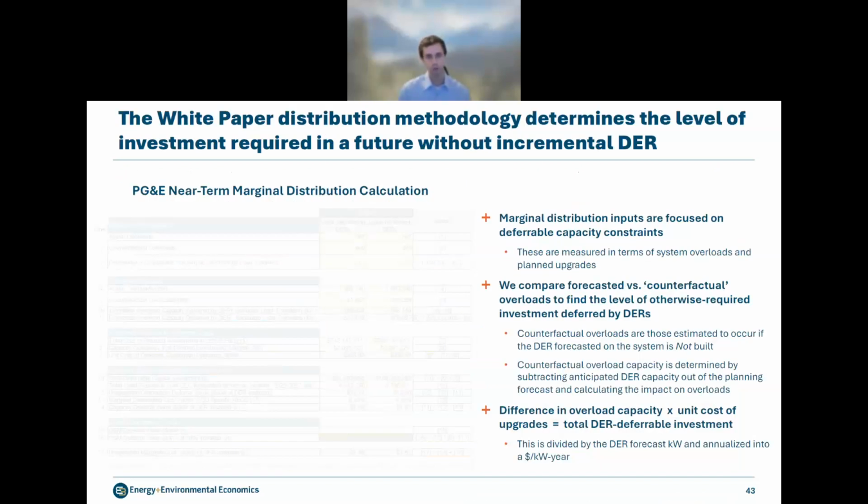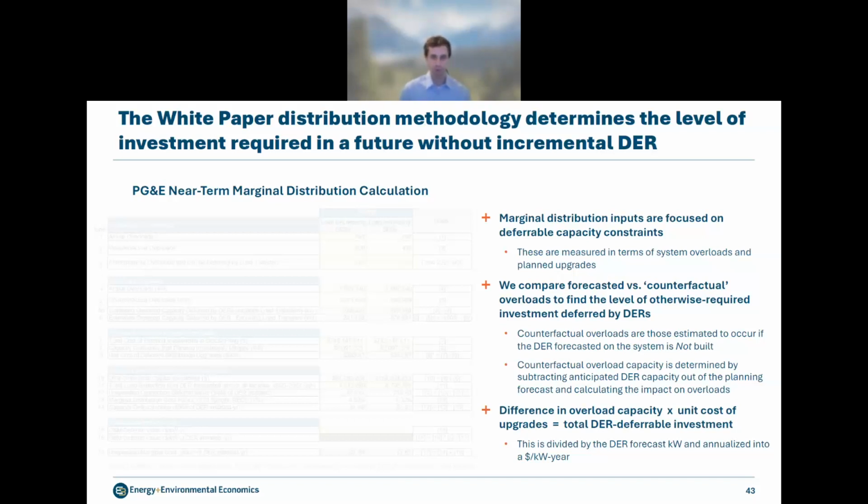Thank you. So to give some additional context, I want to talk through the white paper methodology, which has been in place since the 2020 ACC update. So this white paper I keep referring to was put together by the Energy Division back in 2019 as a proposal to better make use of available distribution data and near-term distribution planning and determine what specific investments might actually be avoidable by DERs or deferrable and assign a value to them.